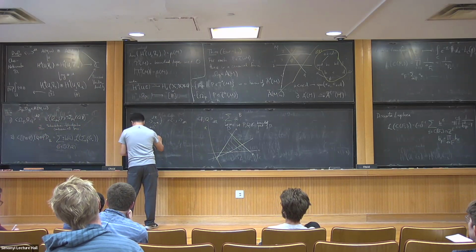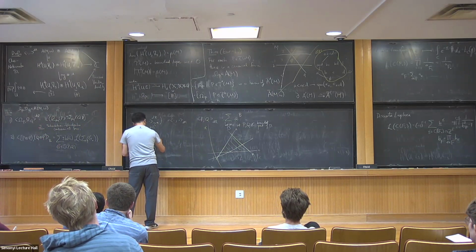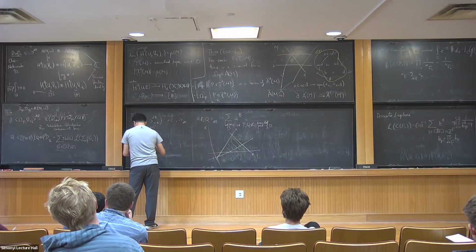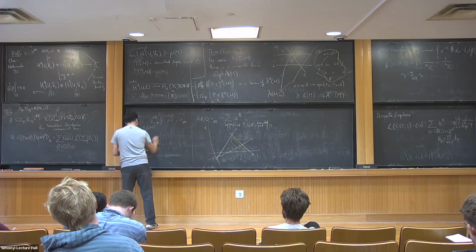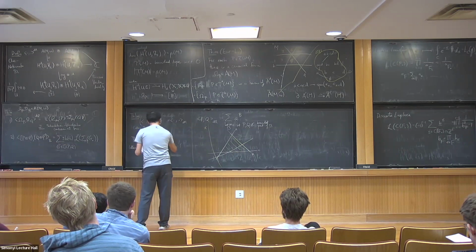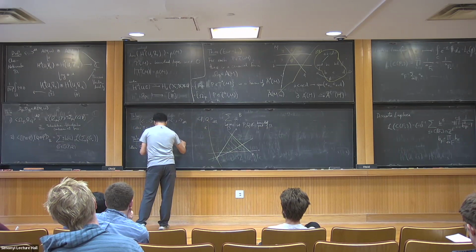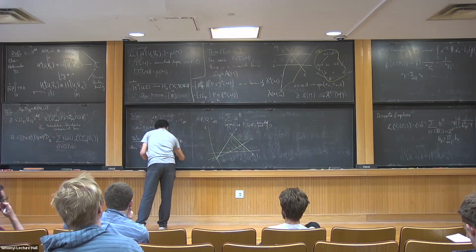Then this thing, plus the inverse, is denoted like this. And what's the formula for this thing?